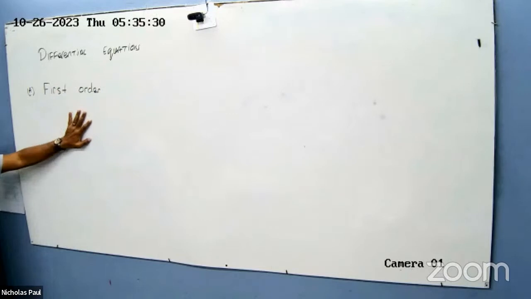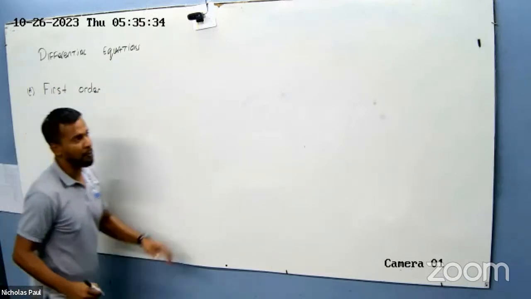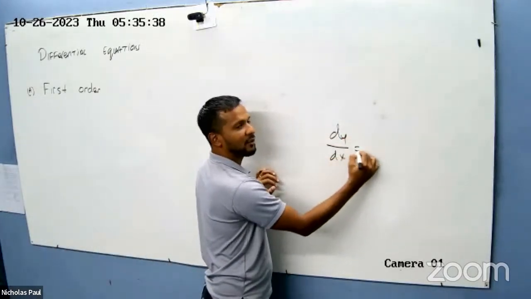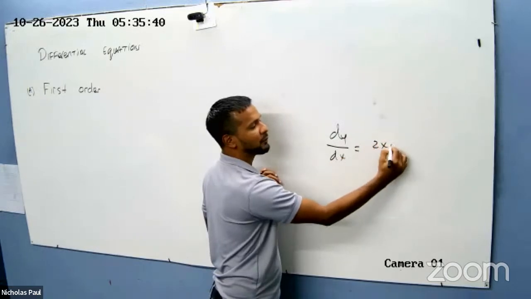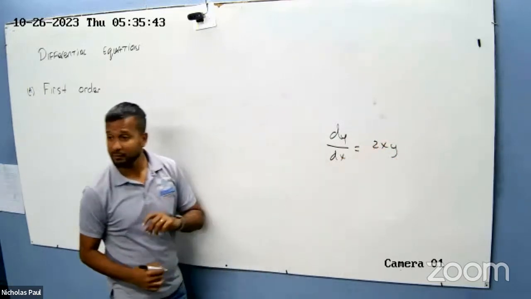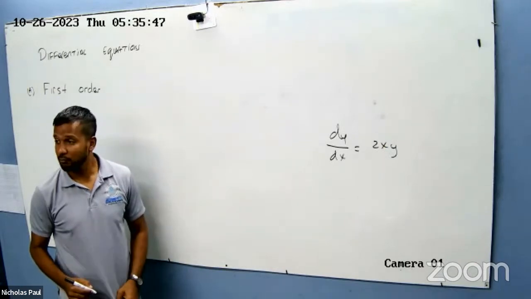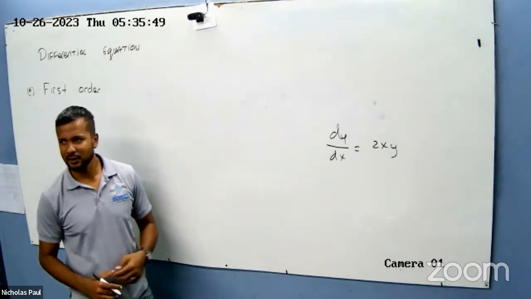Technically, you all did this already. You all did this in unit 1. You all remember solving something like this: dy dx is equal to 2xy. Remember that? In unit 1, that's a first order. How do you do it? Separate the variables.